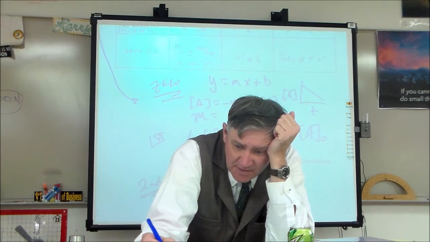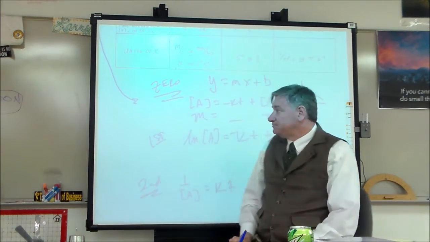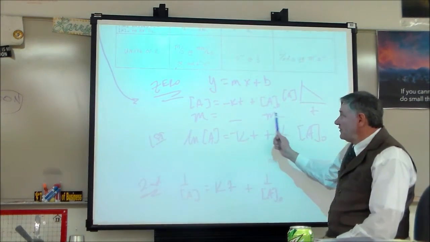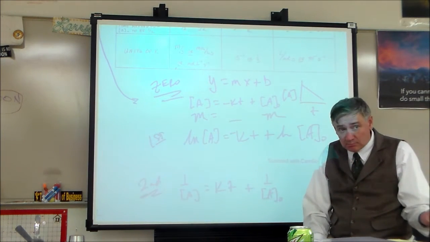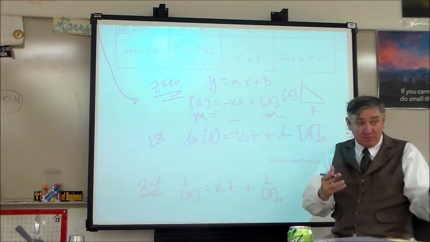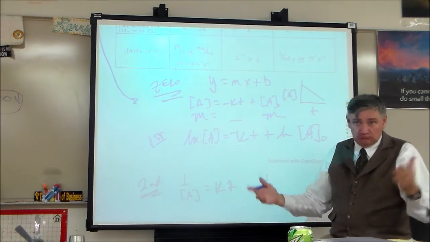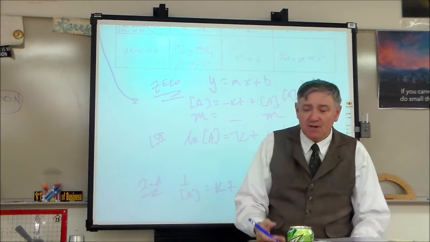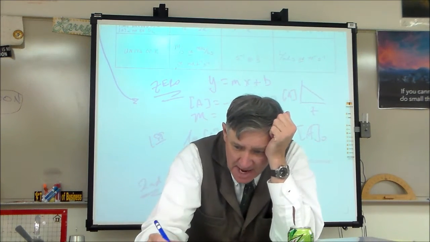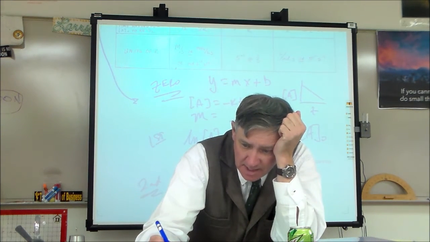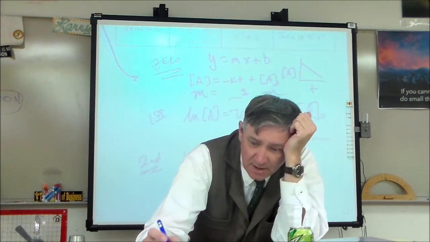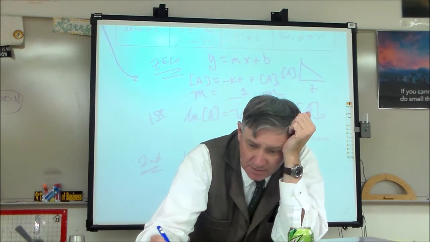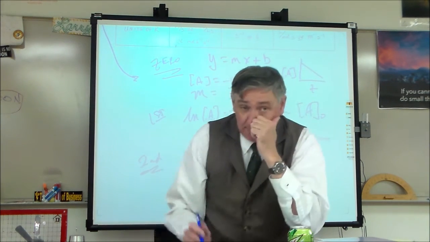So the only way that I can add things together is if this works out to be units of molarity as well. Well, I can't add molarity to seconds, kind of a violation of mathematics. So this time has to be in seconds. The time's always going to be in seconds. That means my value of k has to be molarity per second.